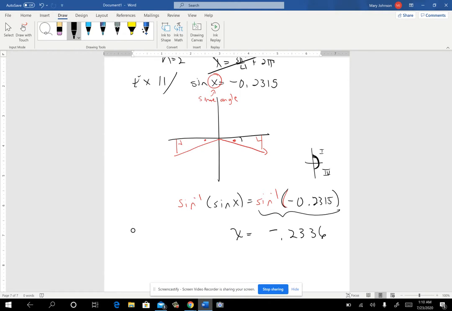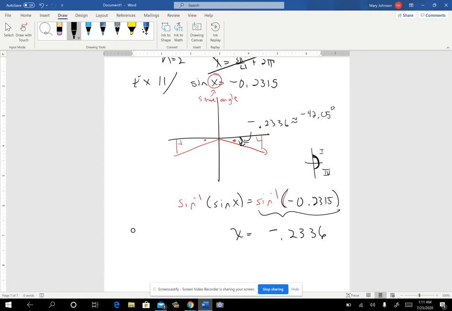And it's talking about the angle being a negative rotation, negative 0.2336 radians. Now I could change that to degrees just so you can think about it for a moment. So that's about negative 42.05 degrees, just so you can reason it out.